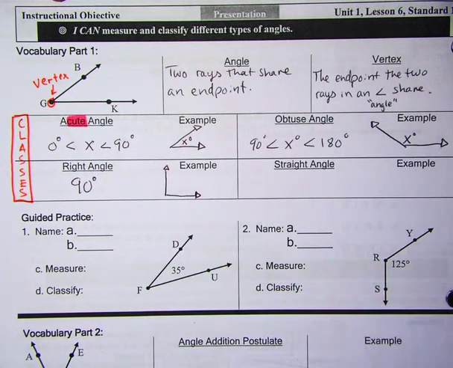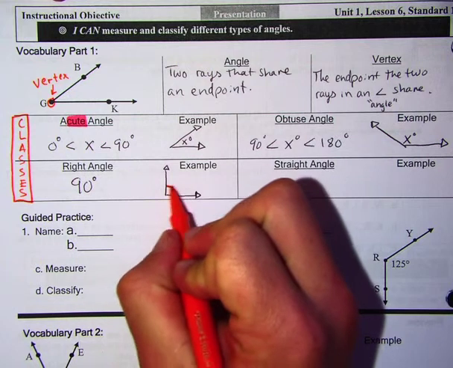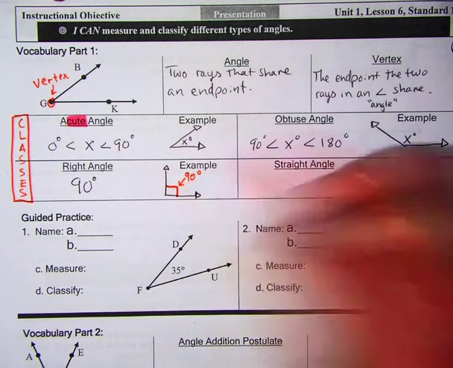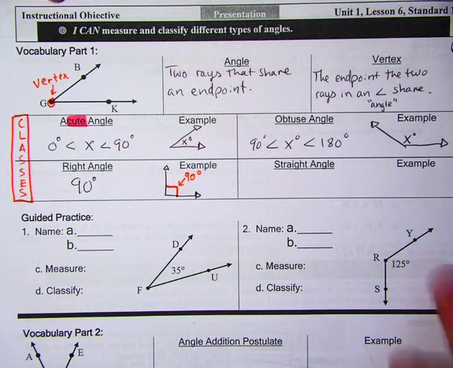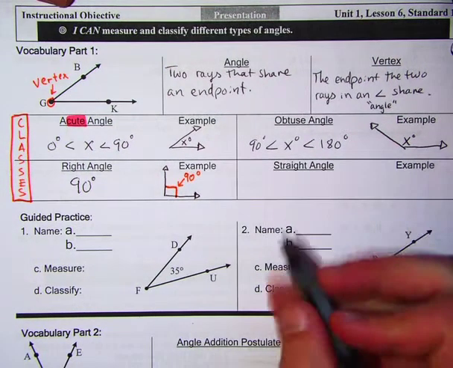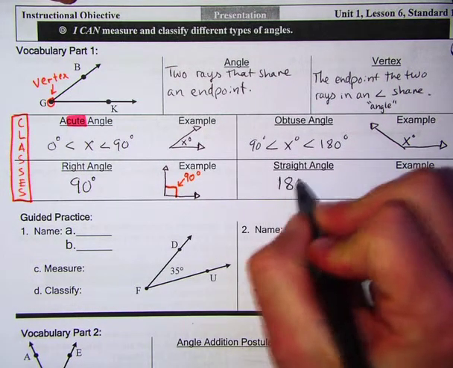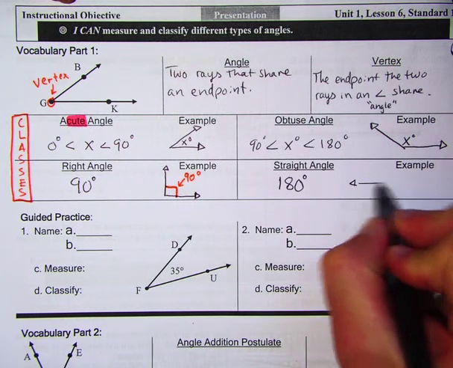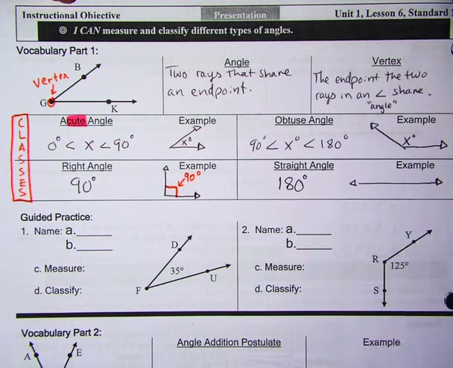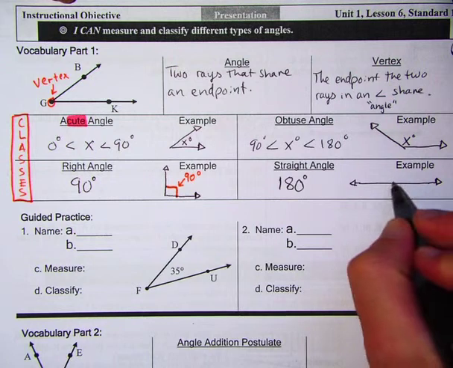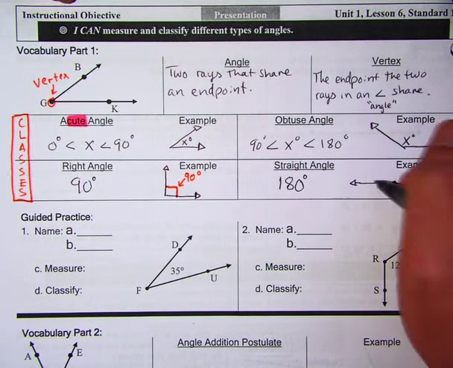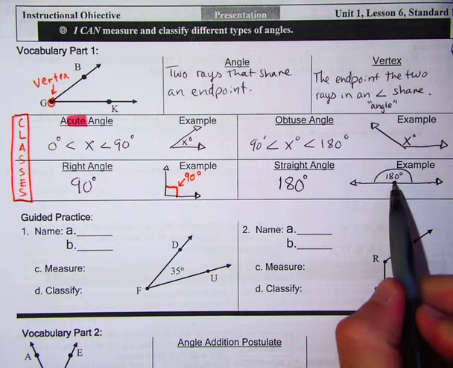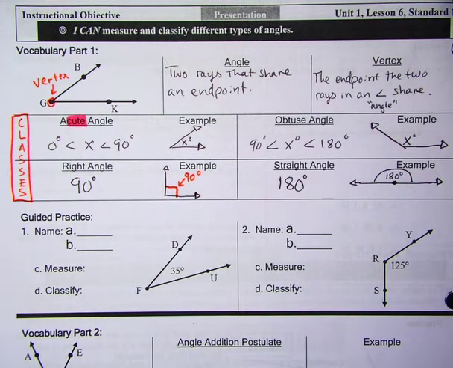We've seen this symbol before, meaning perpendicular, but it also means 90 degrees. And finally, a straight angle is 180 degrees. And that would look like this. Think of it as pretty much like half of a circle. 180, and you can think of it as two opposite rays as well.